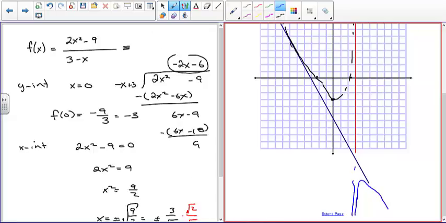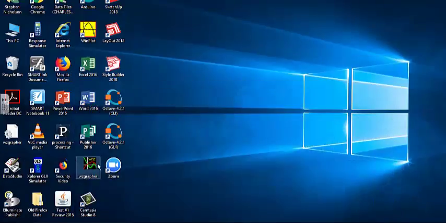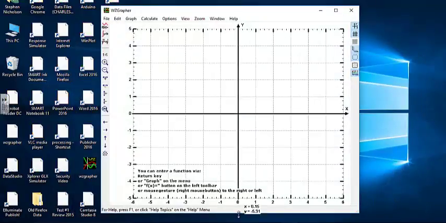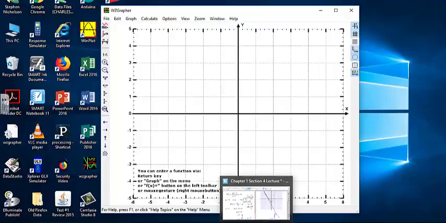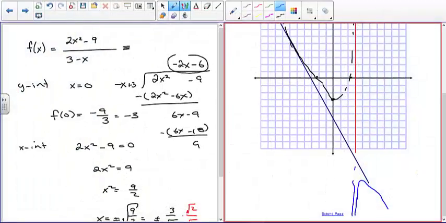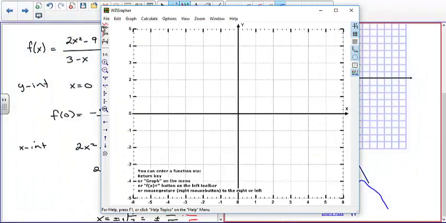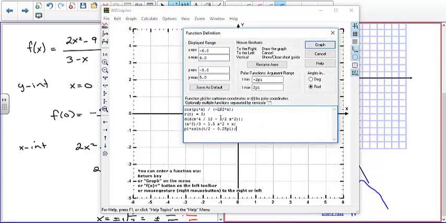And let's just plot this thing out just so that I'm not losing my mind. Okay, so here's the plot. So we got 2x squared minus 9, and that whole thing is divided by 3 minus x.